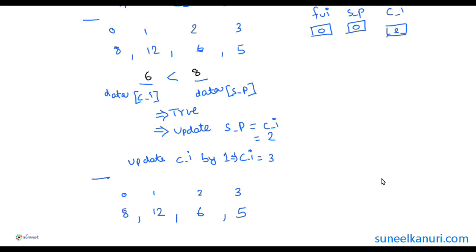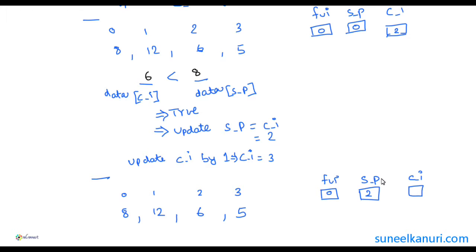So let me write down the squares first. C_i, and FUI is pointing to 0. That's always going to be the first unsorted index so far. S_p, as we updated it in the last iteration, is pointing to the smallest element we found so far, which is 6 at position 2.